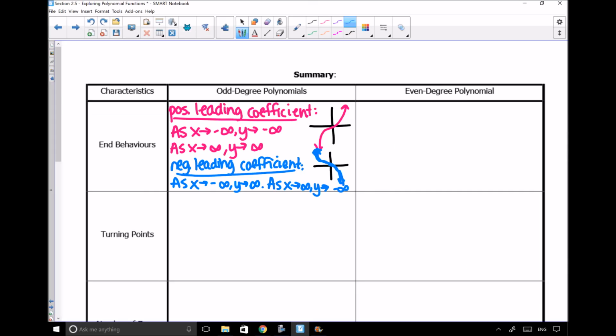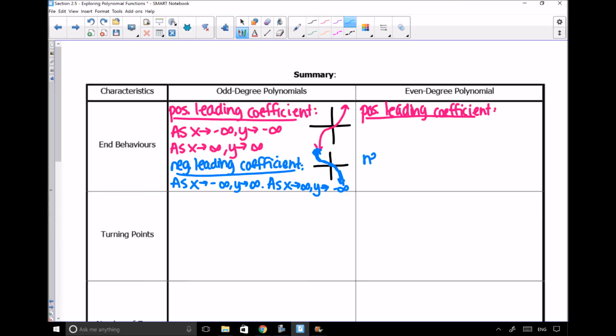Okay, so now let's go ahead and take a look at what will happen if we have an even degree polynomial. So same thing, it all has to do with our positive leading coefficient. And again, you guys explored this quite a bit with our parabolas when you were in grade 10 math.